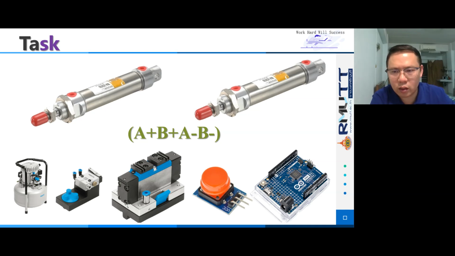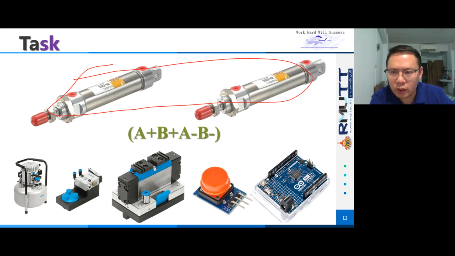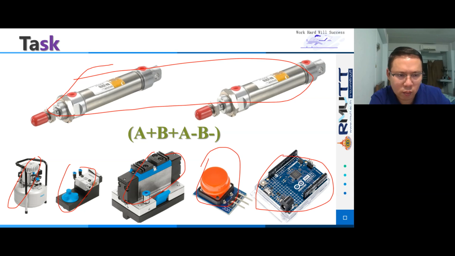In this task, we can use the cylinder, the limit switch, the impulse valve, and a push switch button, and use the microcontroller, the Arduino.